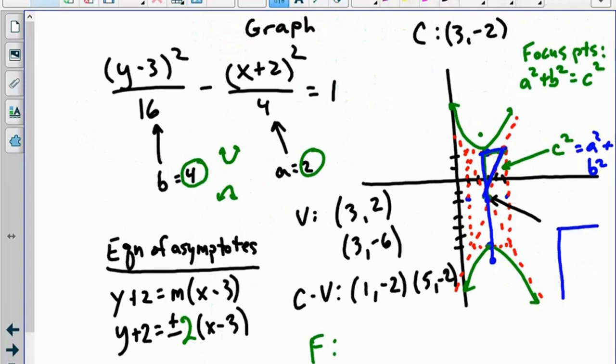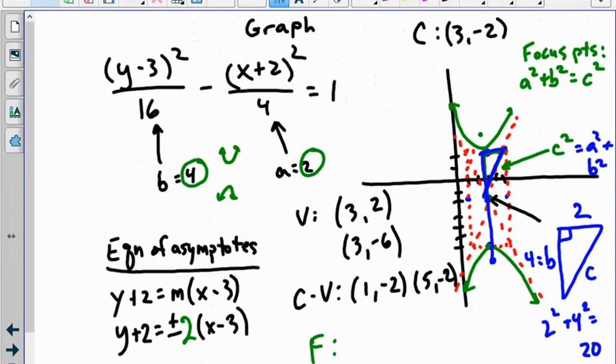So if I draw this a little bit bigger on the outside, the x radius, if we want to call it that, that's not really a great term for this, but that would be 2 because we had a equals 2, b equals 4 in this problem. And then our job is to find c. So that would be 2 squared plus 4 squared, which is 20.